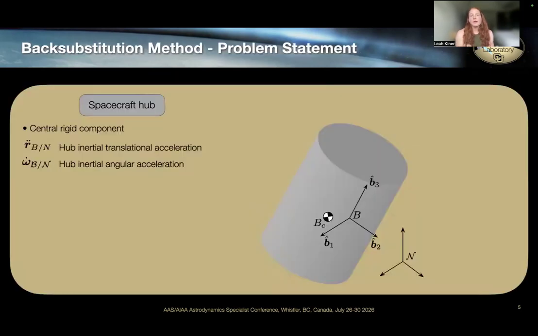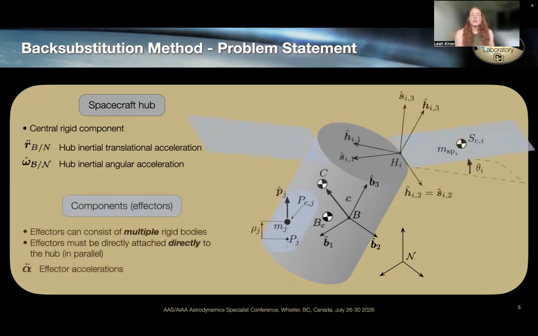Okay, so kind of the backbone of this method is this hub-centric assumption. So most spacecraft which are flown into space, they have this central rigid structure, which is seen in gray here. We call that the hub. And so we can see that the frame that we assign this hub is this B frame. And so we are interested in tracking the hub's inertial, translational, and angular accelerations in our simulation.